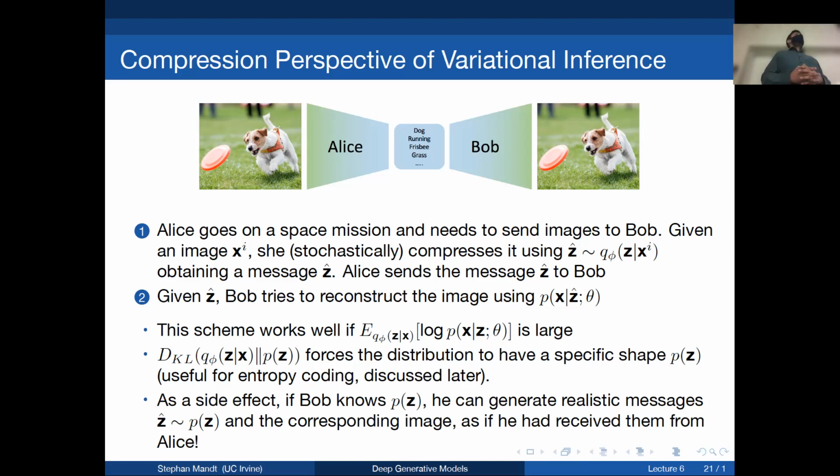We specified the form of Q, but I don't see where we specified the form of P. Yeah, that's a good point. So the comment was that we specified that this Q distribution be a normal distribution.